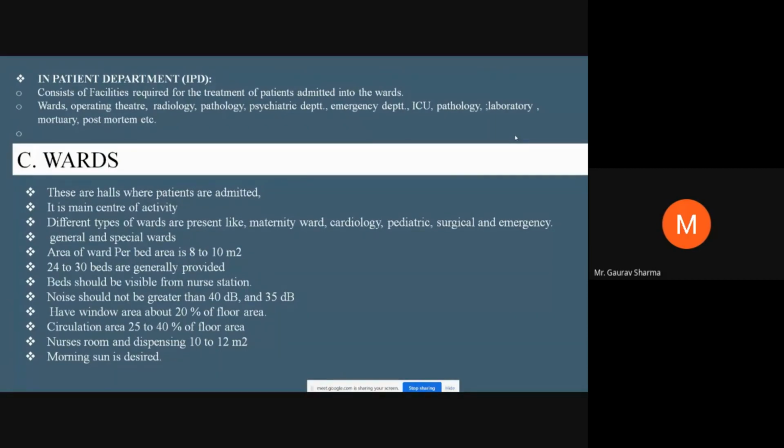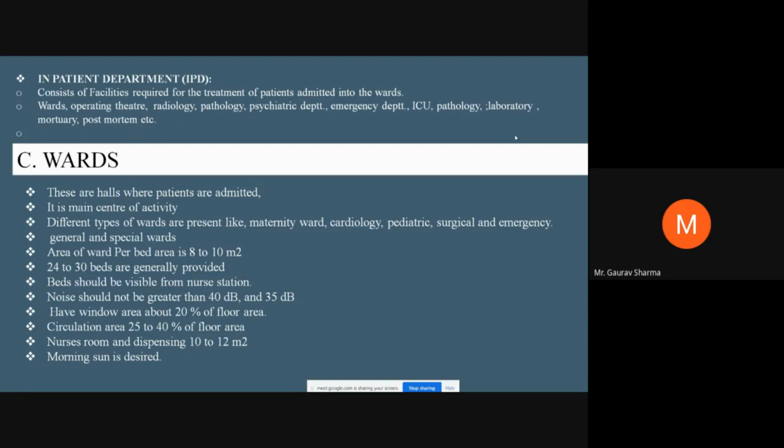That sometimes relates to the self confidence of the patient too, that the doctors are visiting me from time to time and I'm being helped by the staff. So that brings positivity into him or her, and that's why it is important to plan the wards in such a way that the nursing staff can have a direct vision of at least 50% of the beds of the patients admitted into the ward.